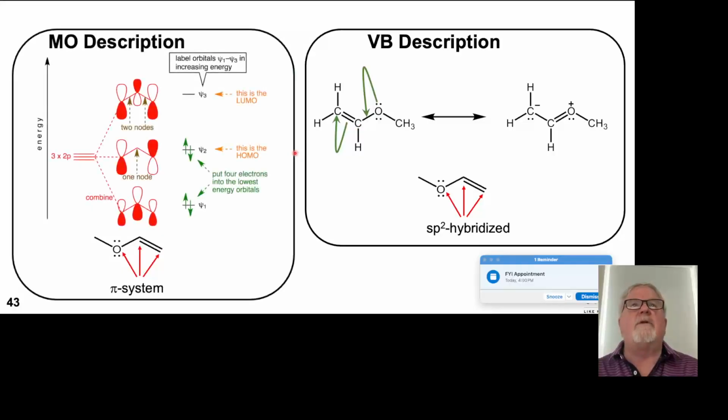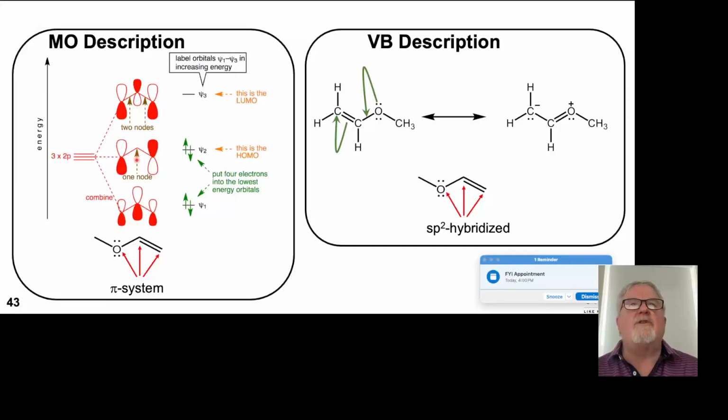When we talk about the molecular orbitals, notice that our lowest energy level has 2 electrons in it, and it is this molecular orbital where all the phase is the same when we go from left to right or right to left and stay above the plane of our system.